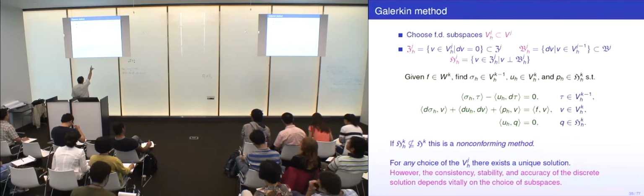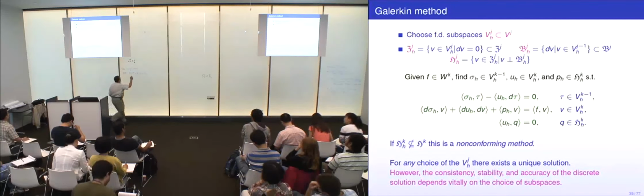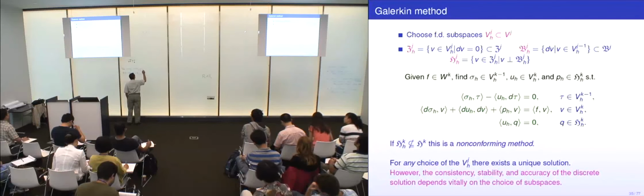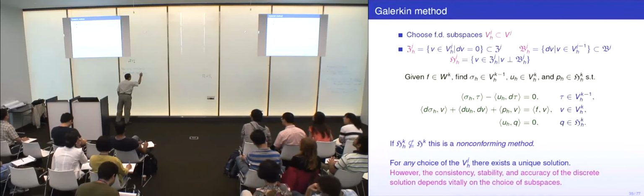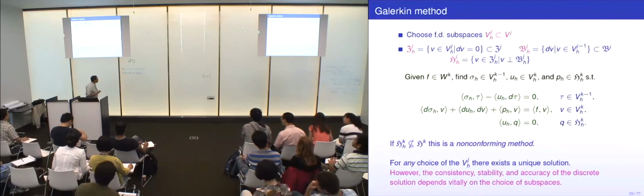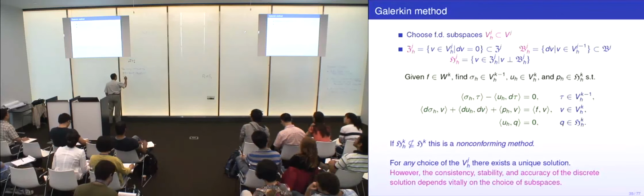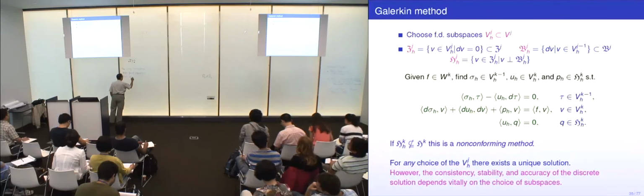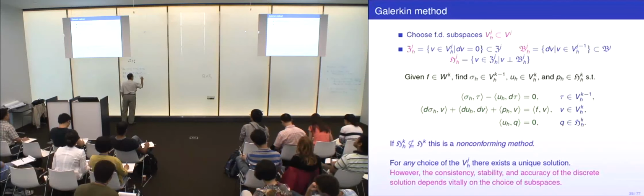Now I can take Q is equal to PH, and then use the last equation, and then this term is gone. So whatever we choose as subspaces, we get sigma H is equal to 0, and DUH is equal to 0. So that means UH is a discrete cycle.